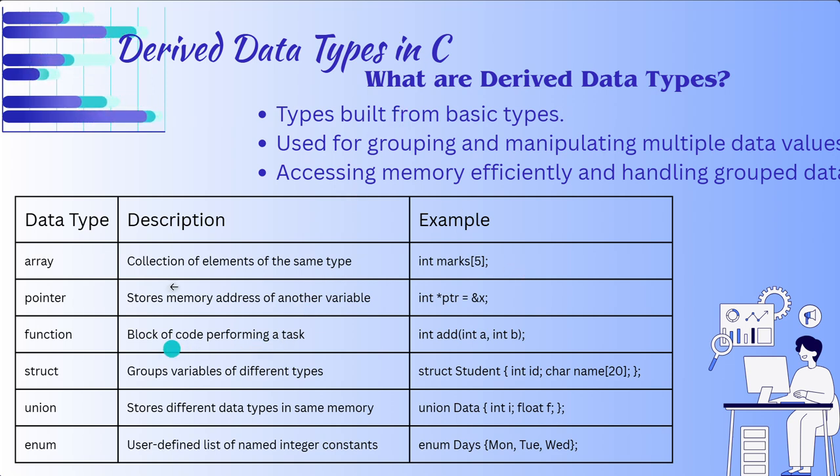Pointer. A pointer stores the memory address of another variable. A pointer is represented by the star symbol, the same as the multiplication symbol. So int *p equals &x. The ampersand is used as the address-of operator.